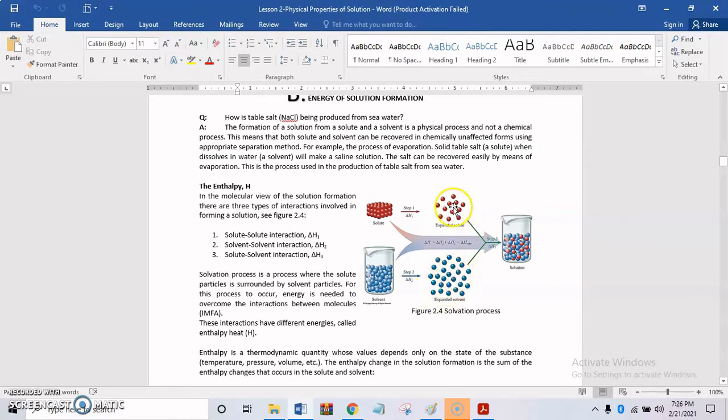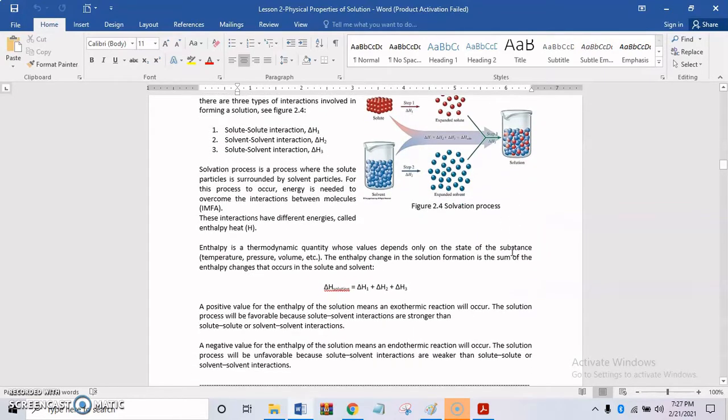When the solute dissolves in the solvent, energy is needed for each individual particle or compound. And when you mix them, it will form another energy. It is either exothermic or endothermic energy. A positive value for the enthalpy of the solution means an exothermic reaction will occur.